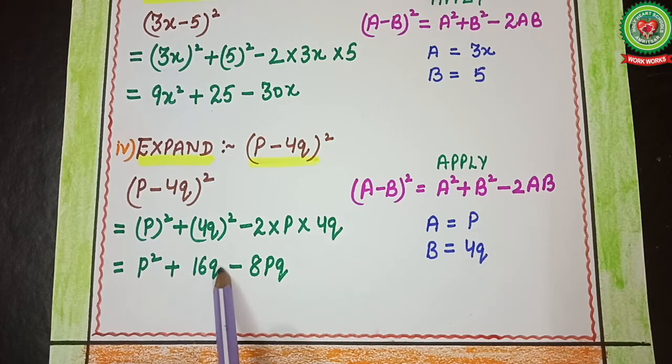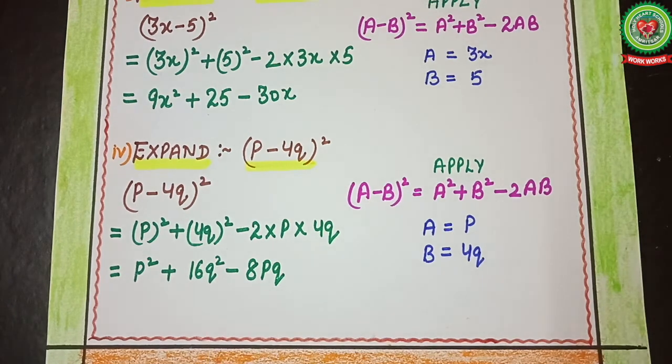Now what is square of q? Q square, right? So square of q is q square, so you will get 16q square. Minus will remain minus, 2 into 4 is 8, and p into q is pq. So the answer for this question is p square plus 16q square minus 8pq.